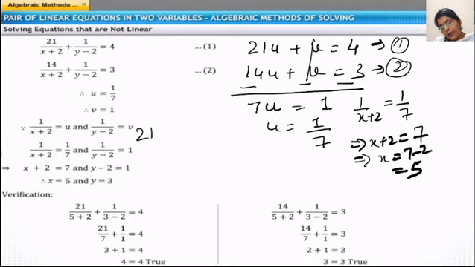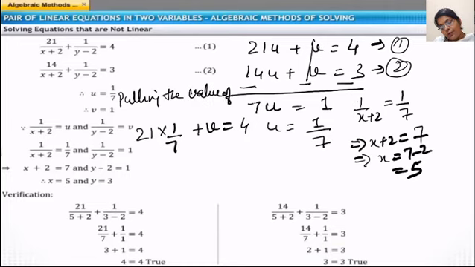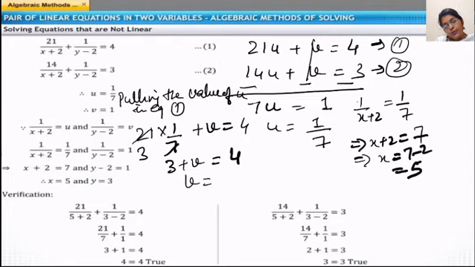Putting the value of u in equation 1: 21 into 1 upon 7 plus v is equal to 4. 3 plus v is equal to 4. So v is equal to 4 minus 3, which is 1. And what is v? v is 1 upon y minus 2, which is equal to 1. So y minus 2 is equal to 1, so y is equal to 3.